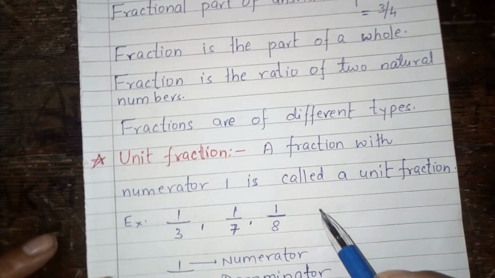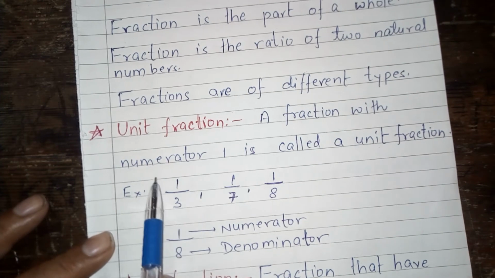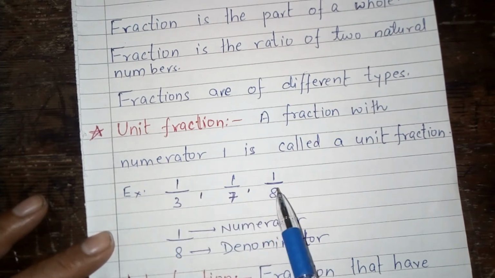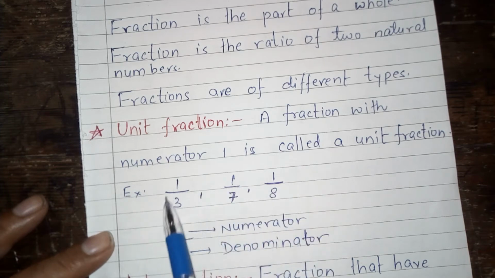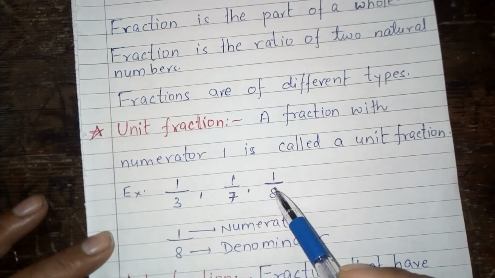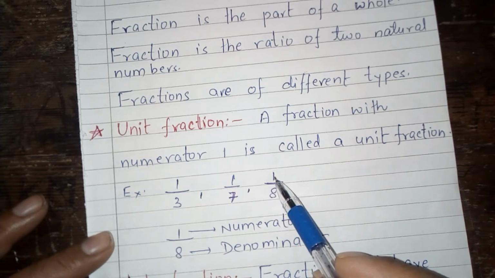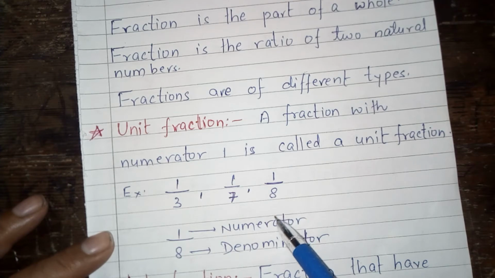Now I just want to explain the meaning of numerator. Suppose in these three examples, I took 1 upon 8. Which number is on the upper side? 1. So 1 is the numerator. And which number is on the lower side? This is 8.